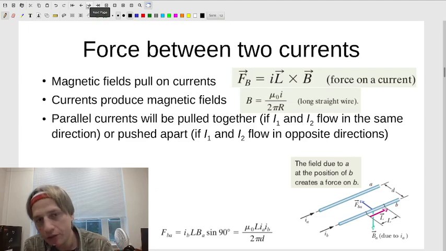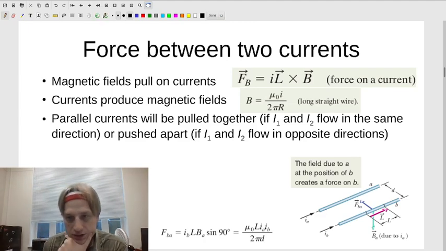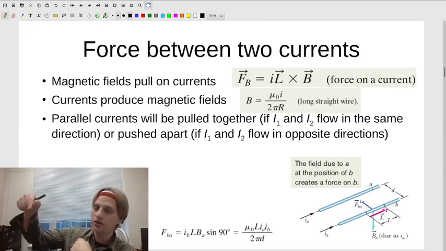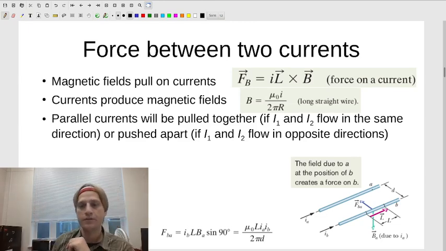The way to think about this is that if you have two currents running parallel to one another, for instance, as in this picture, the first one is going to have a magnetic field, and because the first one has a magnetic field, it can have a magnetic force that acts on the current running through the second. And the effect works backwards as well. So if you have a current through the second, it produces a magnetic field that acts on the first.